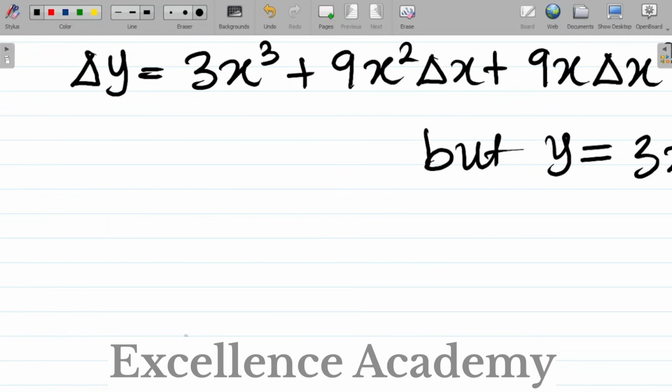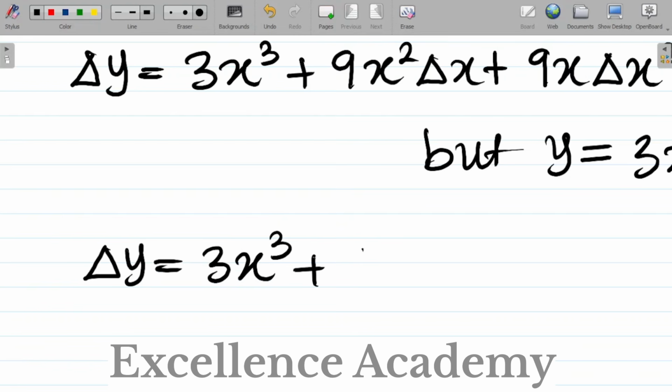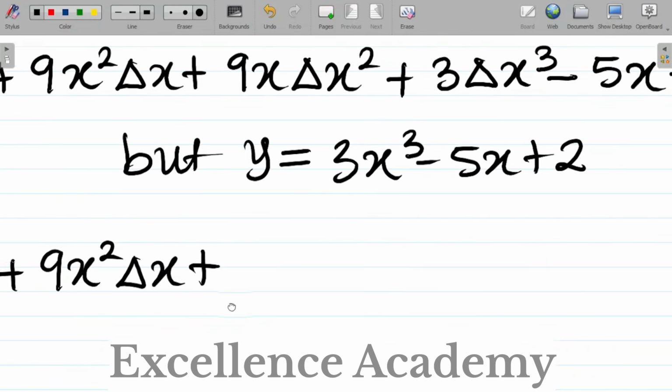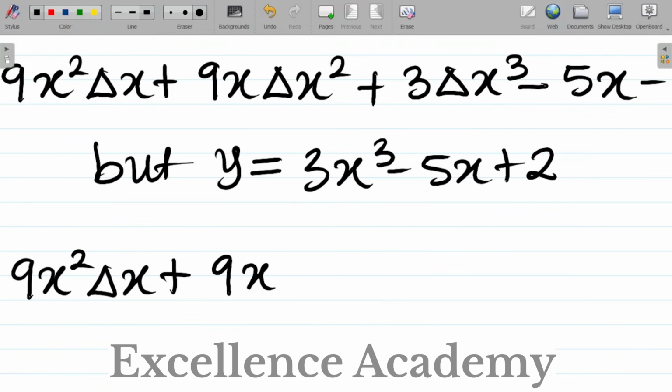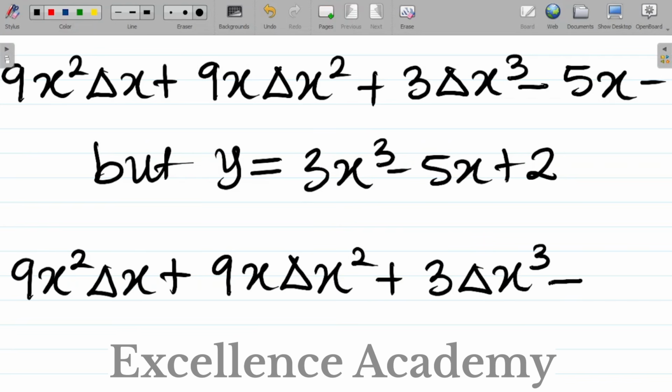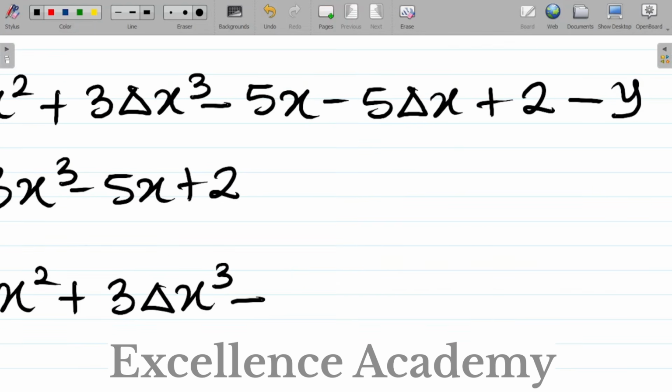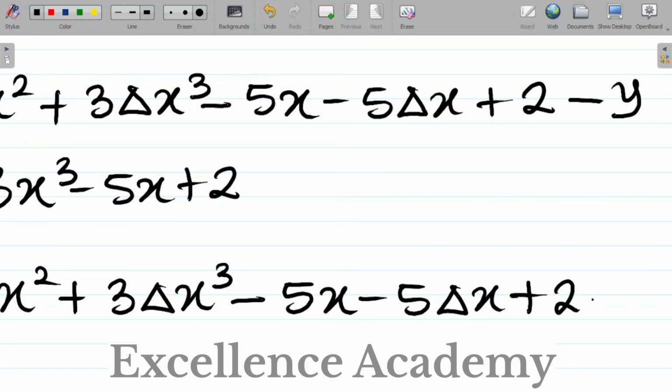We'll have that change in y is equal to 3x cubed plus 9x squared change in x plus 9x change in x squared plus 3 change in x cubed minus 5x minus 5 change in x plus 2 minus y.